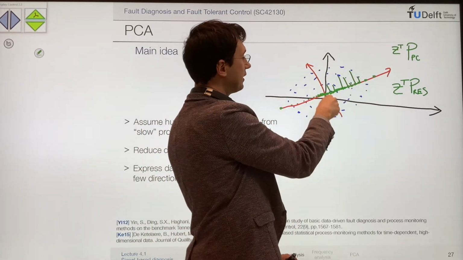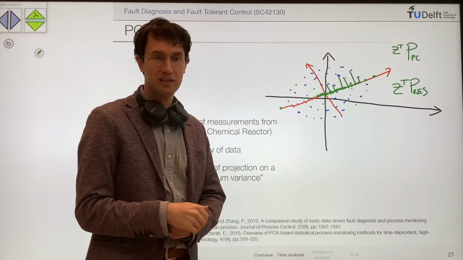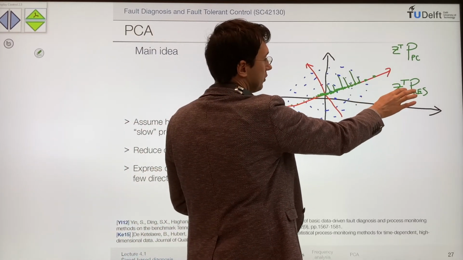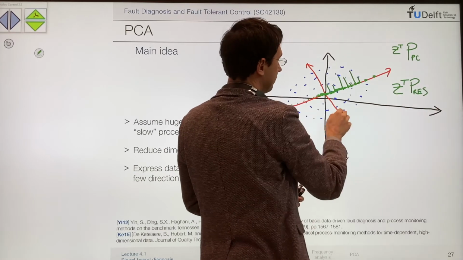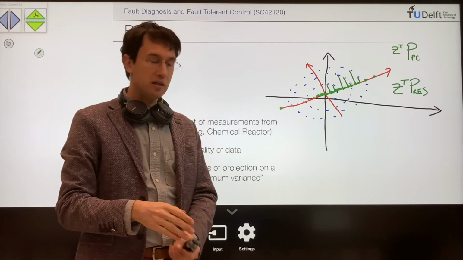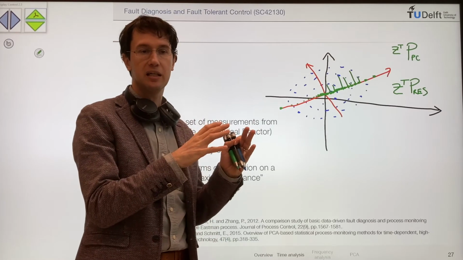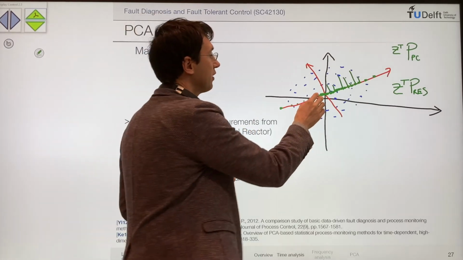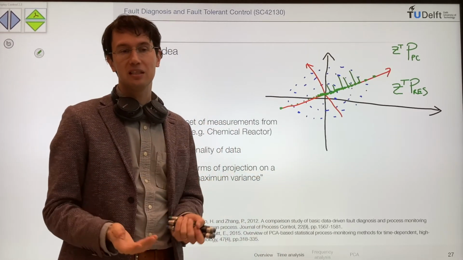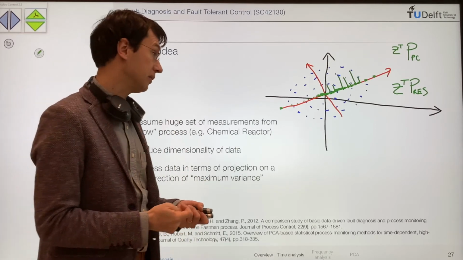Everything that is happening on the other directions is considered noise. So what is the value of this noise? It is equal to this, Z projected on the residual, on the small direction. We call it residual because it is also true that if you take your original signal minus what you can reconstruct by projecting on the main direction, this is what is left. So this is the residual. This noise, you call it the residual.